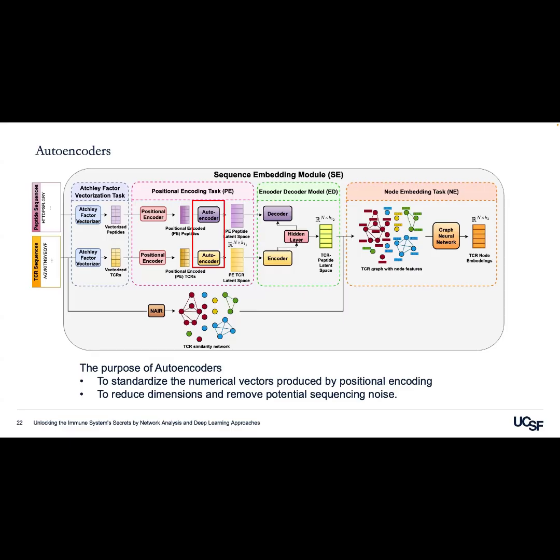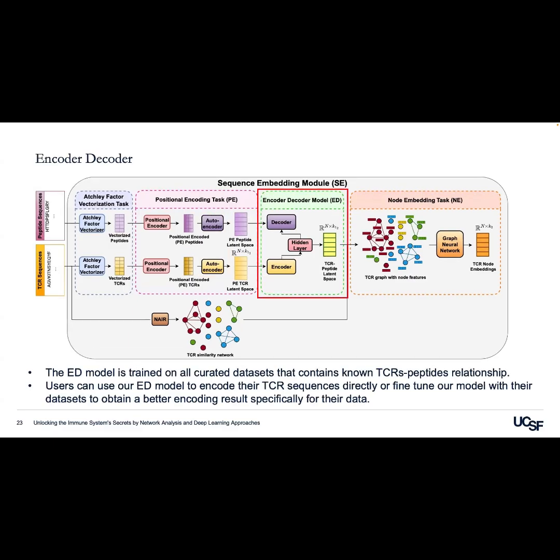So we consider using the autoencoder to standardize these numerical vectors and also to do dimensional reduction to remove the potential sequence noise. Again, we can stop right here. We can just use the positional encoder output after the autoencoder as input.